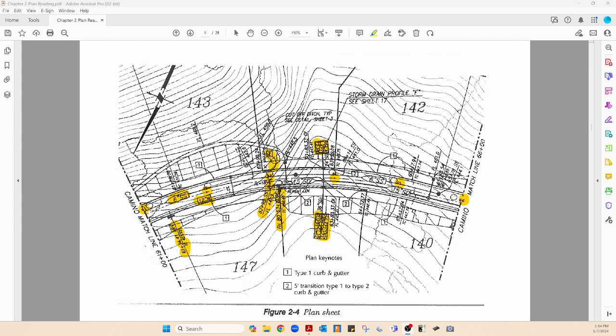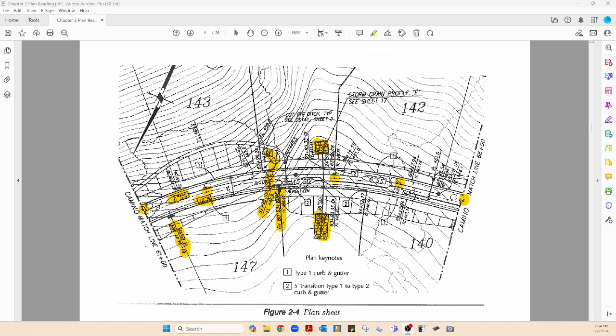All right. Lots of videos in this course. We're not done yet, just getting started. The objective here was to go through the cross section, and we've done that. And then we were going to go through a profile view, and what you're looking at right now is a plan view.